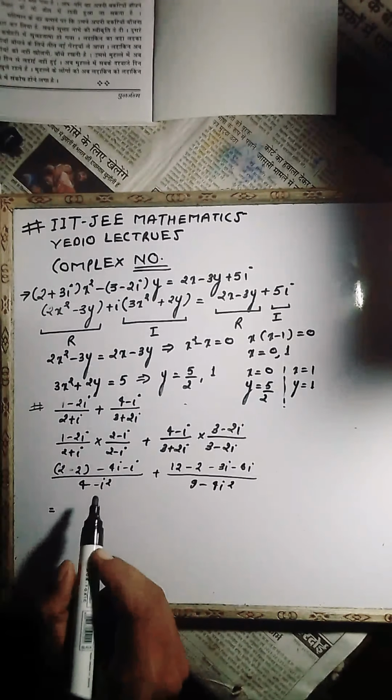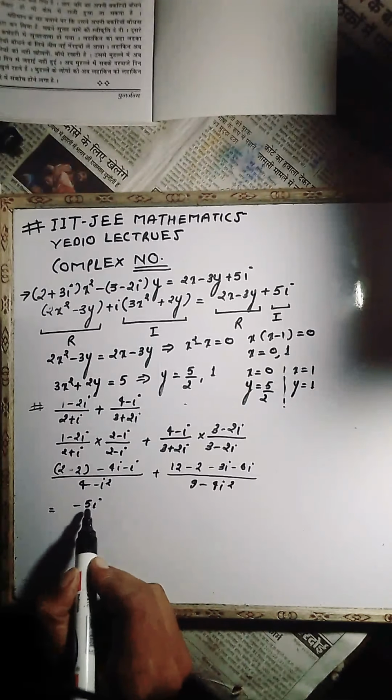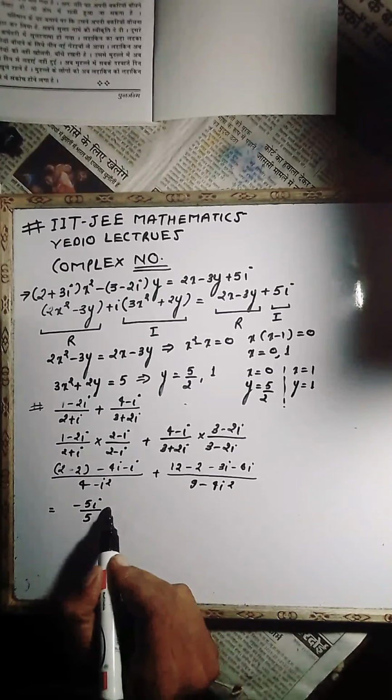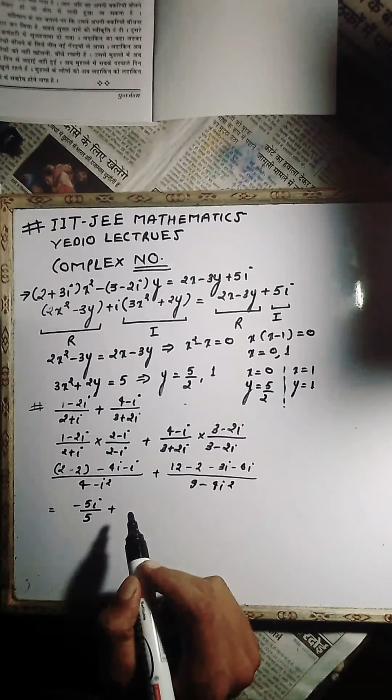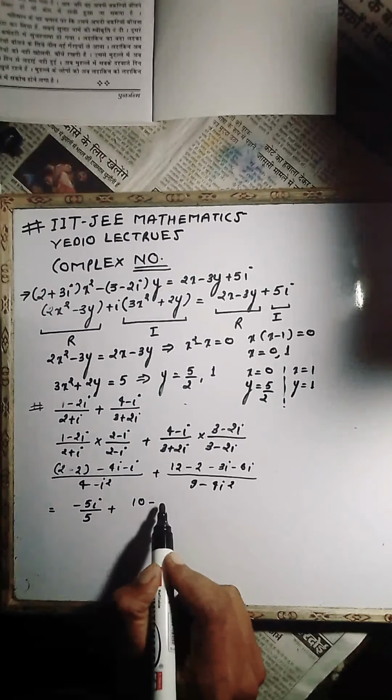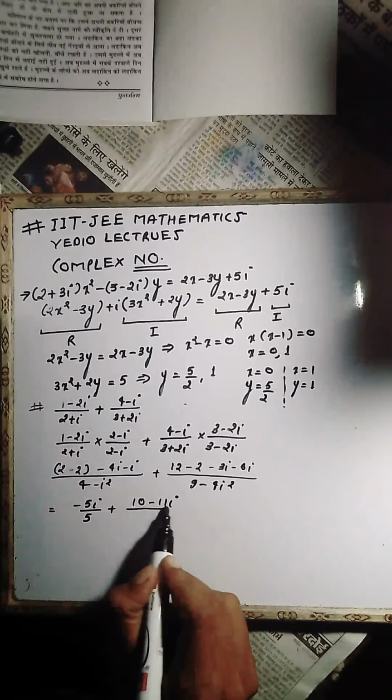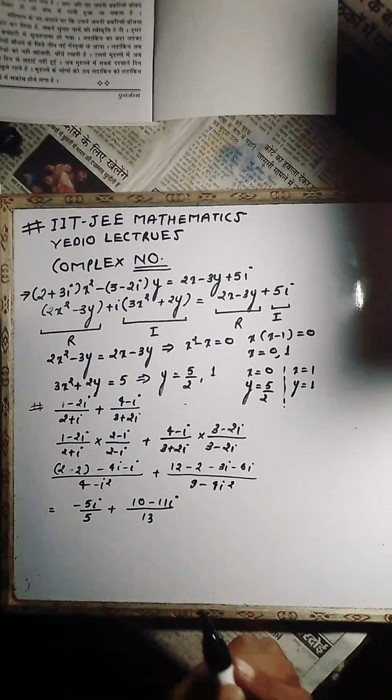After that, minus 5i upon 5 plus and minus 11i upon 13.